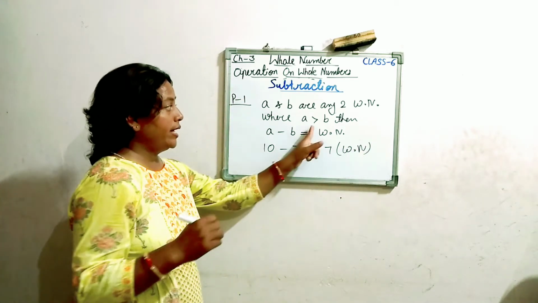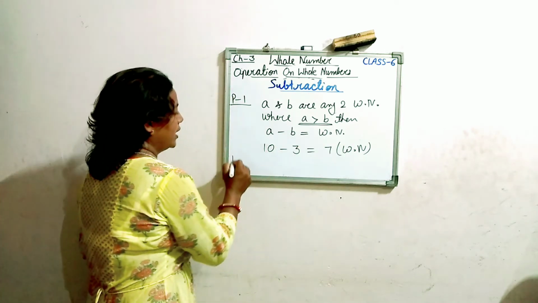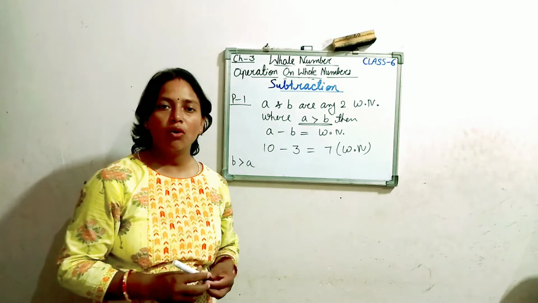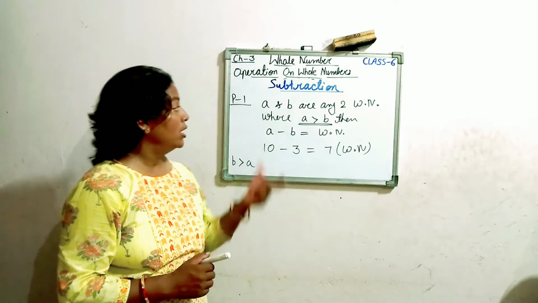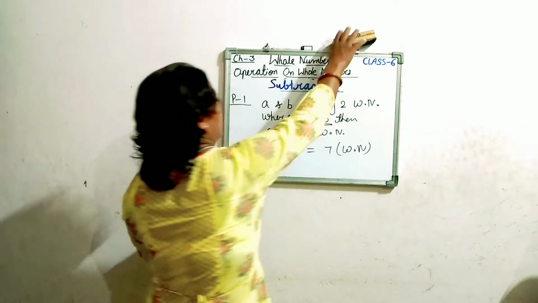Okay, it is a must that A is greater than B. You can decide B is greater than A also, then you will have to take B as the greater number and A as the smaller number. So that is called the closure property in subtraction.